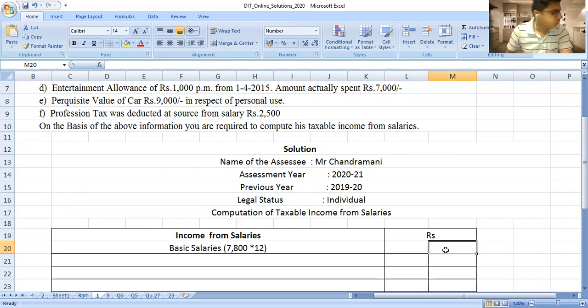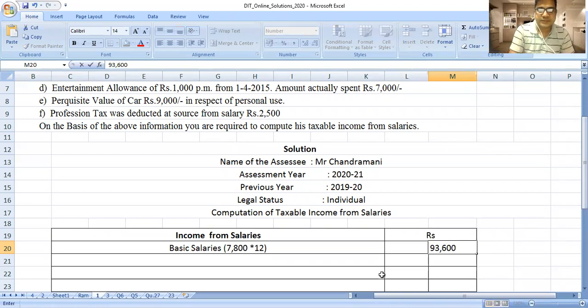Find out, use your calculator, use your brain, find out the value, how much you got. Vaibhav got 93,600. Right. So we will write here 93,600.